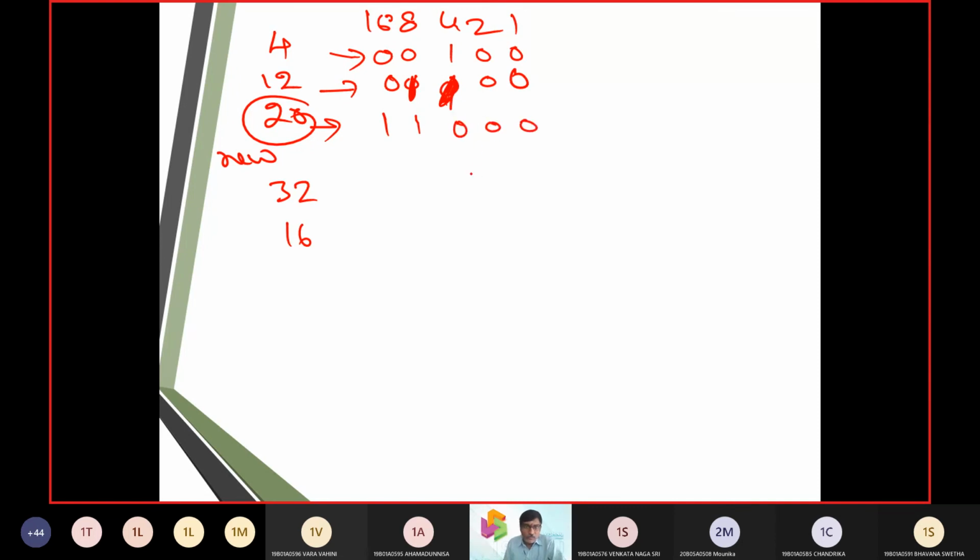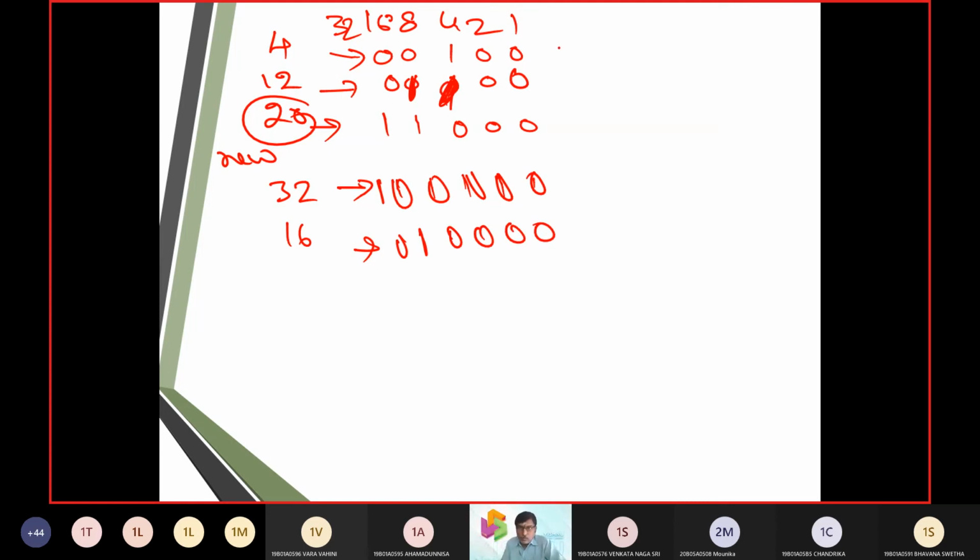Remaining elements are zeros. 32 I can write 16 plus 8, 24, 28, 30. So everything is 32 here. So these are all zeros at this point. Next one, I am pulling out 16 here. So remaining elements I am putting zeros here.